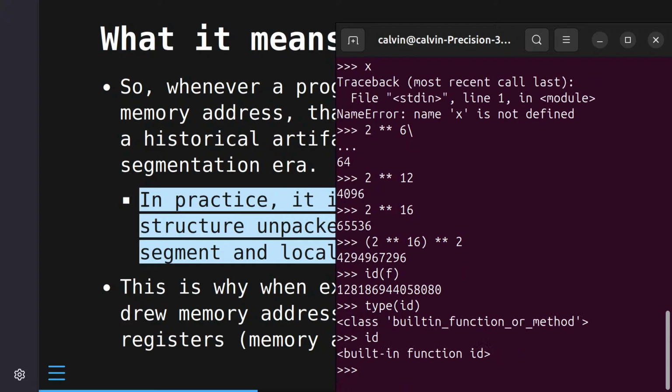What is id? Builtin would be my guess. Yeah. By the way, you all know I'm a hater. Function or method? What do you mean function or method?